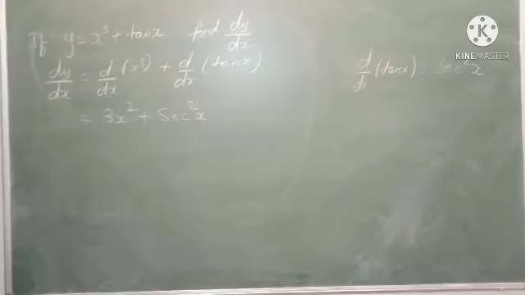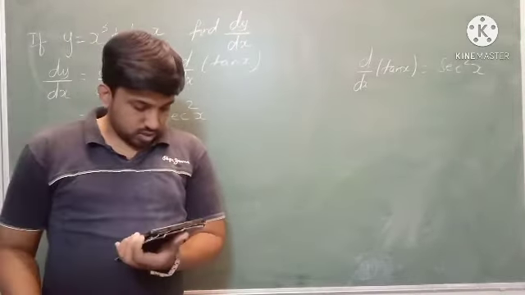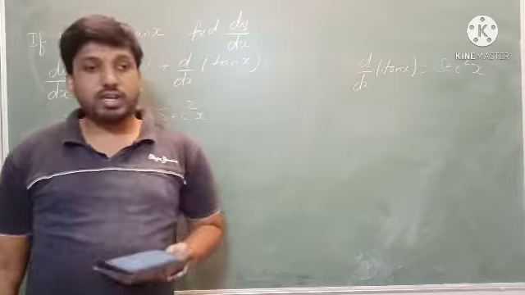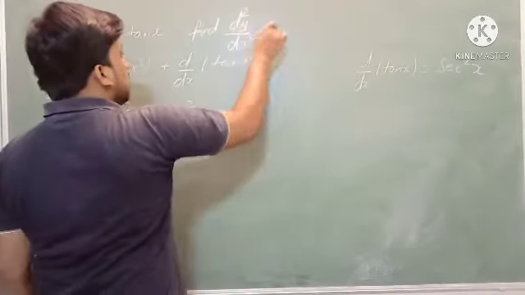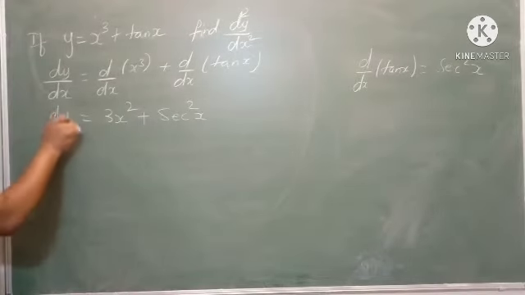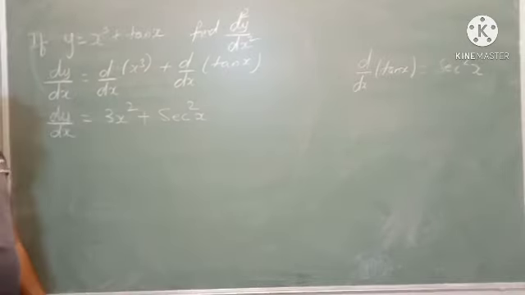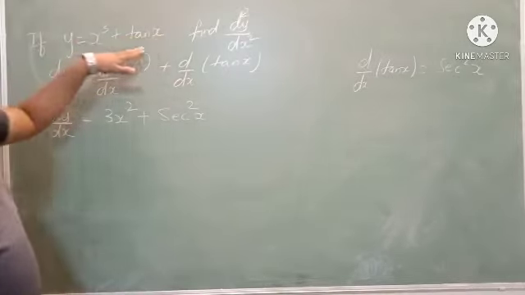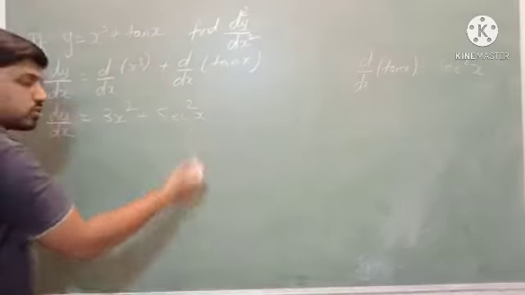So the question is, I think, to find d square y by dx square. Yes, so we need to find d square y by dx square. So it's not dy by dx, the second derivative we need to find out. While finding the second derivative, we just differentiate dy by dx again. y is equal to x cube plus tan x we have. When we differentiate it, we got 3x square plus secant square x.